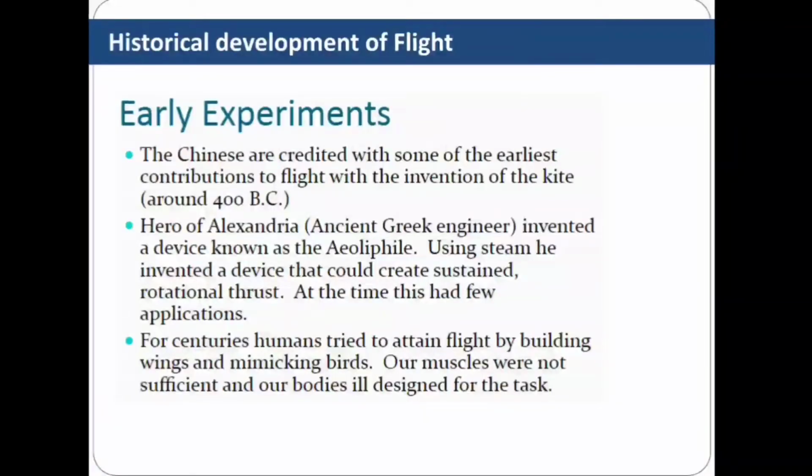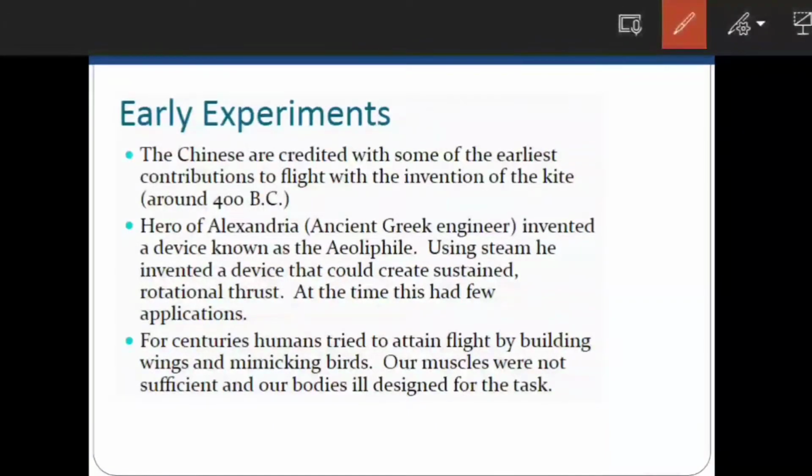In today's lecture we are going to discuss historical development and its introduction. This whole chapter is related to the development of flight in history. The earliest concept of flight came with the invention of the kite, generally invented by the Chinese. After that came an invention of an engine, the best example of the jet engine we use nowadays.